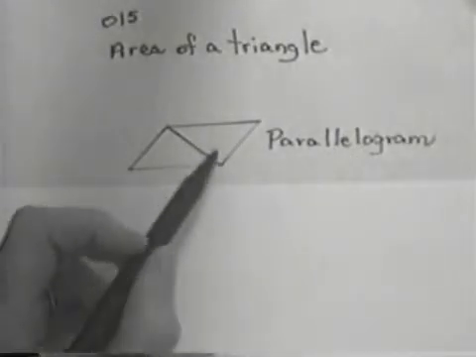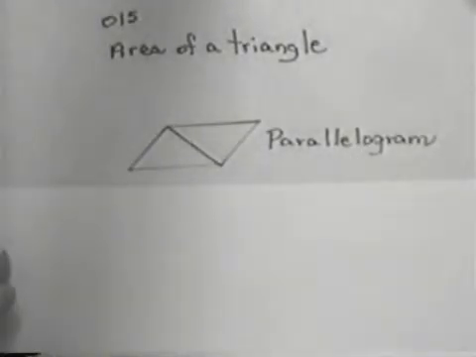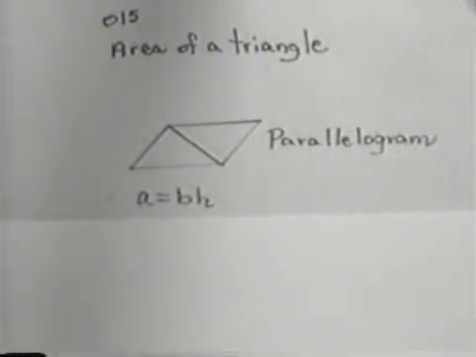So if you put the two triangles together, you would have the whole parallelogram, or the area of the two triangles would equal the area of the parallelogram. Well, if you remember, the formula for the area of a parallelogram is the base times the height.